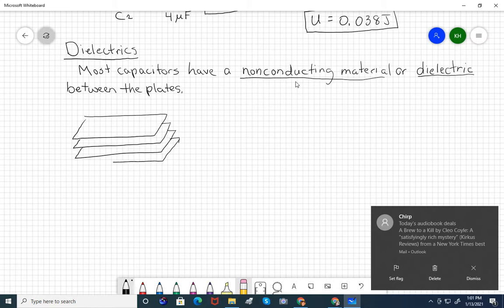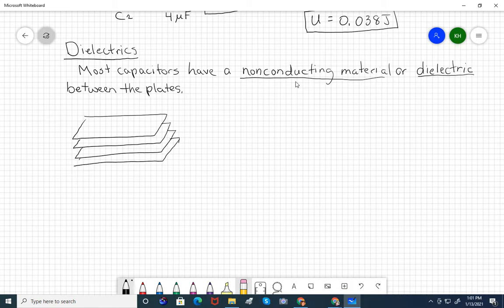If we were going to make a homemade capacitor, we could do it with saran wrap and aluminum foil. So we have conductor, those are our plates. That's where we're going to store the charge. And then we have the dielectric material, the insulator.